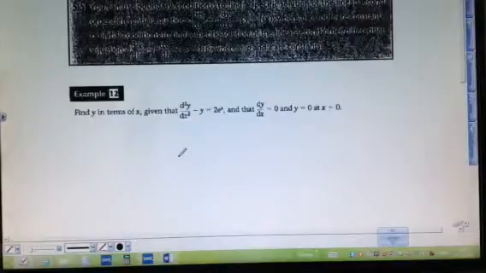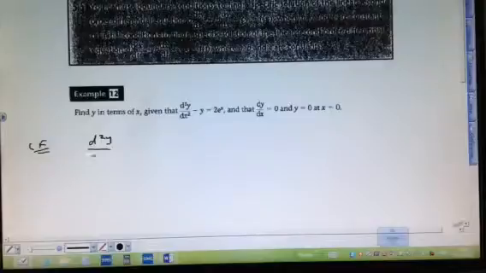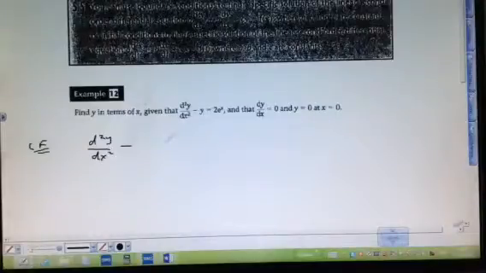So, first of all, you're going to find the complementary function to the homogeneous second order differential equation d2y by dx squared minus y is equal to 0.